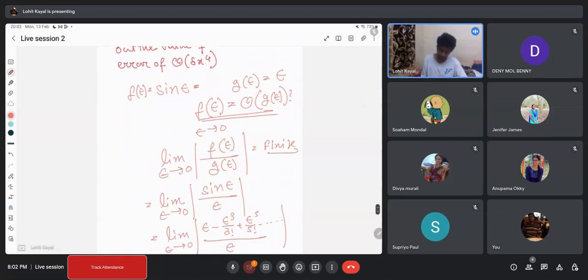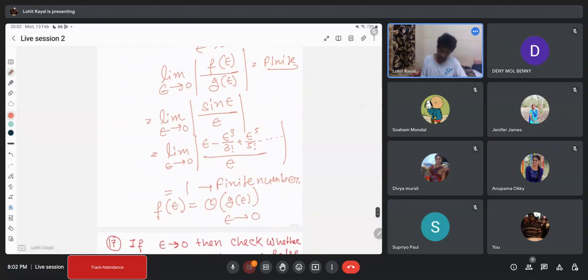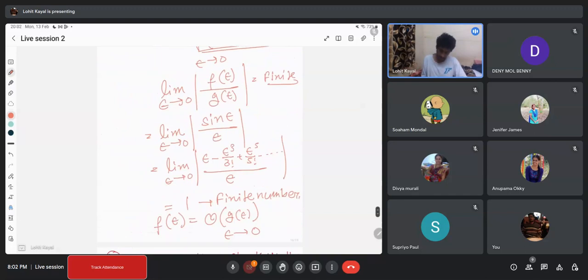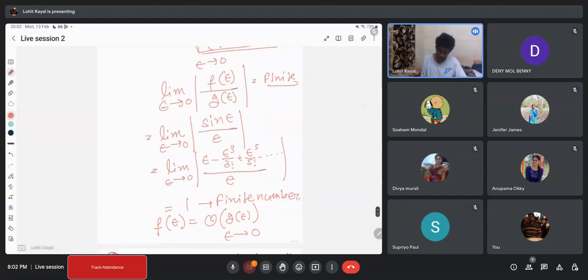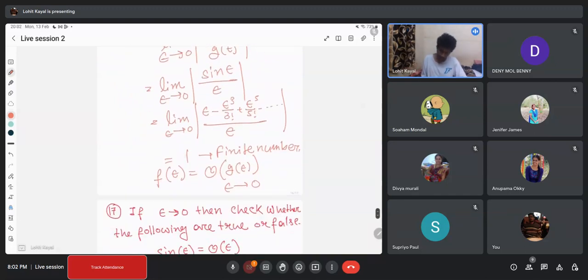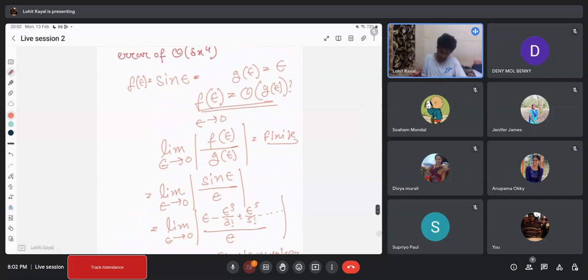Here I have given an example where f epsilon is sine epsilon and g epsilon is epsilon. If I apply the rule, I get that this value is 1. So we can clearly say that f epsilon is of order g epsilon when epsilon tends to 0. Alright, let me just remove it.